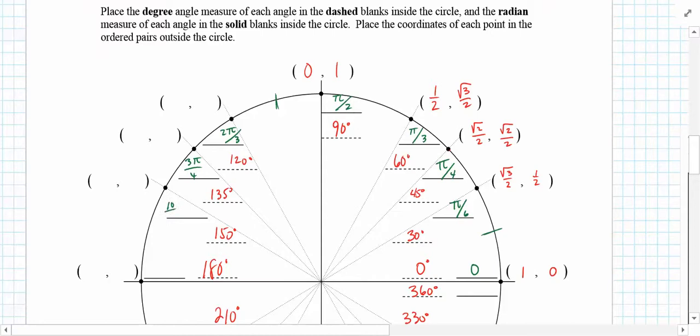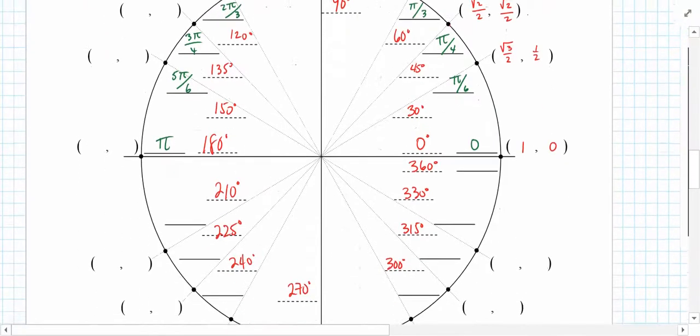And 10 pi divided by 12 reduces to 5 pi over 6. We could fit another angle here, 11 pi over 12, and then lastly 12 pi over 12, and that reduces to just pi by itself. So now we have the first semicircle complete with all pi radian measurements.